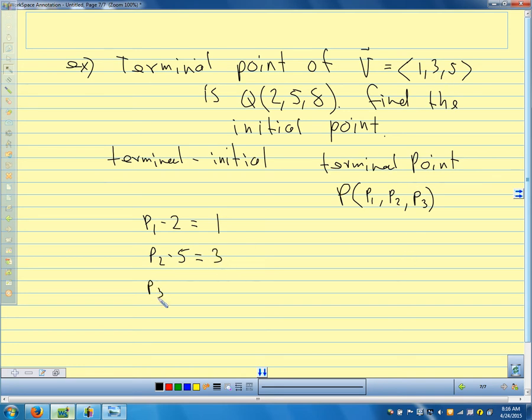And P3 minus 8 has to equal 5. So P1 equals 3, P2 equals 8. And did I do that right? No, I did it backwards, didn't I? I did initial minus terminal. So I just need to turn these around.